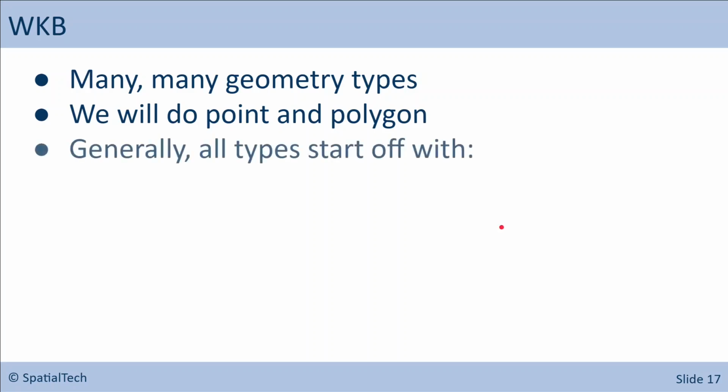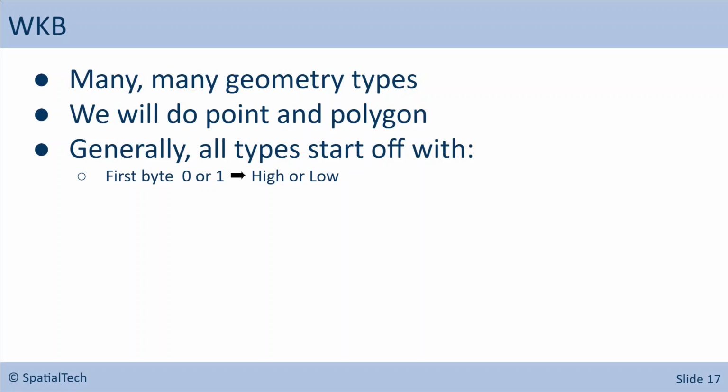All types start off with a high or low. In the shapefile, they don't explicitly burn a value into the file on disk. What they say is read the spec, and the spec will tell you whether it's high or low.